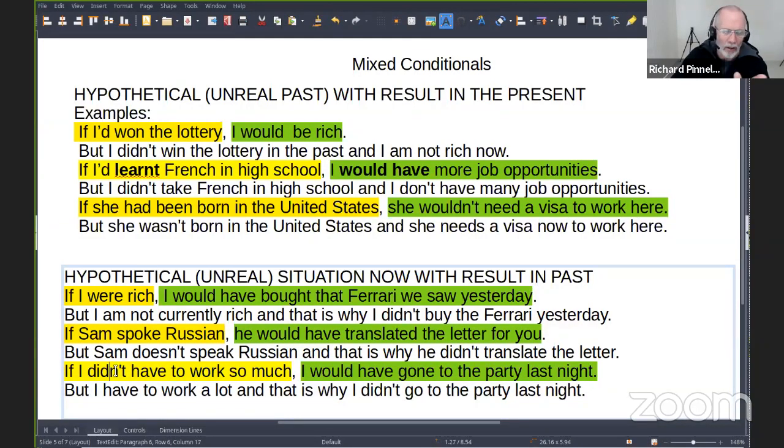Sorry, I read that wrong. I should have read this bit. If I didn't have to work so much, I would have gone to the party last night. This is now generally. I have to work a lot, and that's why I didn't go to the party last night.